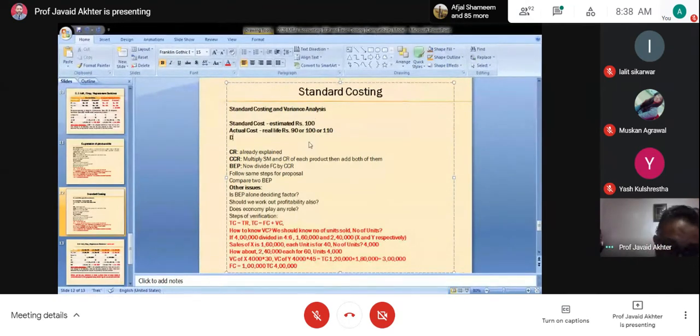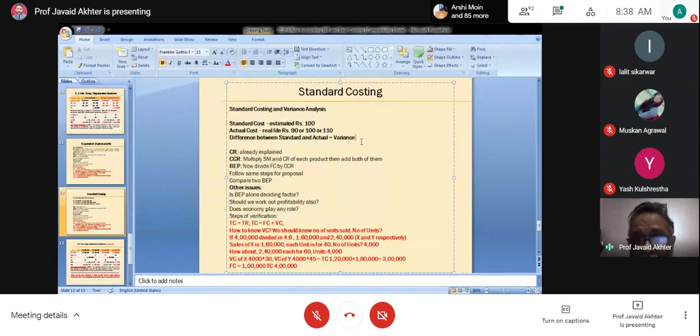The difference between standard and actual is known as variance. What is it known as? It is known as variance.